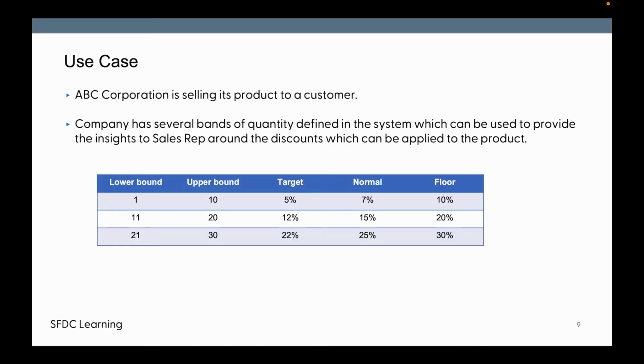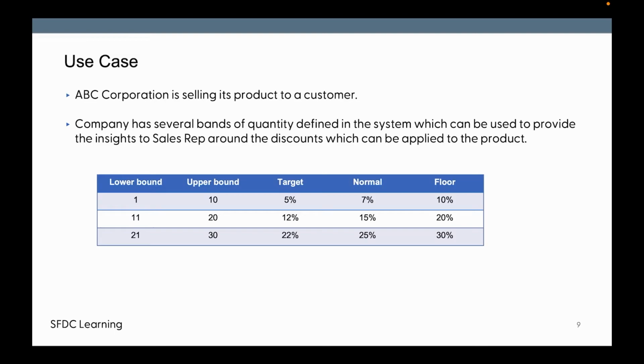Let's see the use case. ABC Corporation is selling its product to a customer. The company has several bands of quantity defined in the system which can be used to provide insight to the sales rep around the discounts which can be applied to the product. So these are the bands. Lower bound 1 to 10: the target discount is 5%, normal discount is 7%, and 10% discount is the floor one.